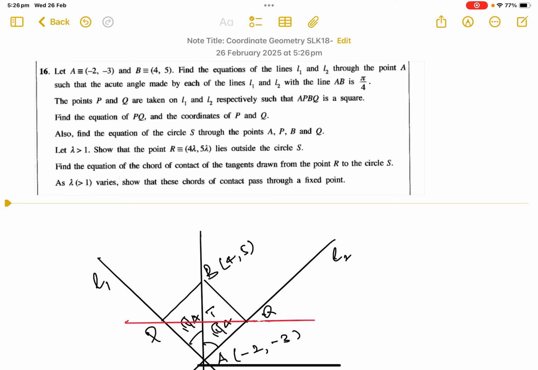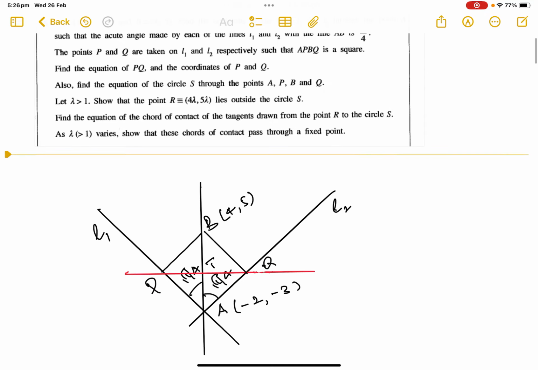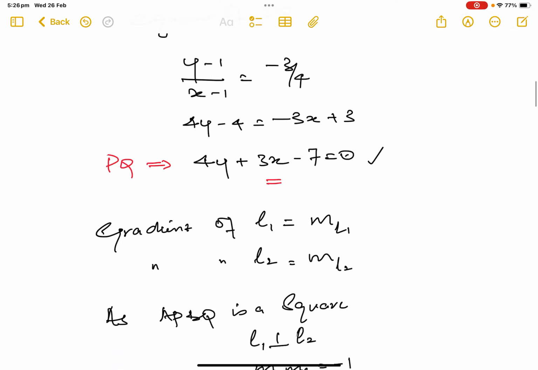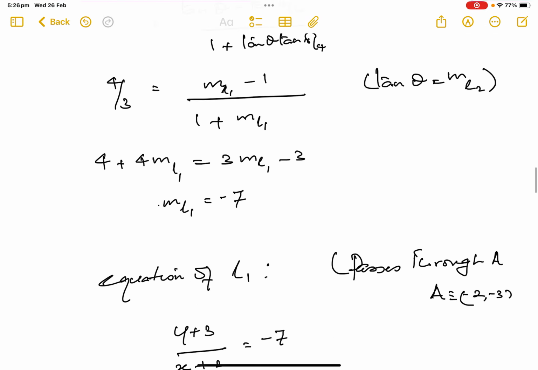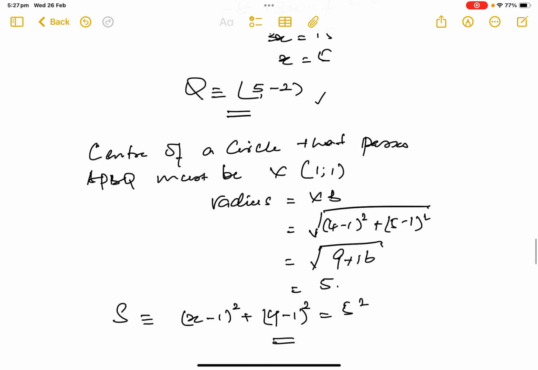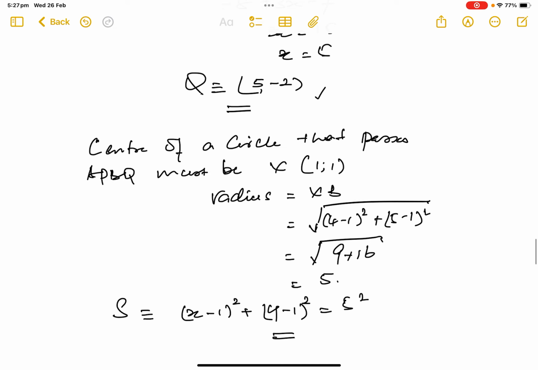Also find the equation of the circle S through points A, P, B, Q. Right, let's find that one. So we find the circle which goes through the vertices of this square. That is straightforward. The center of the circle that passes through A, P, B, Q must be T. T is 1, 1.